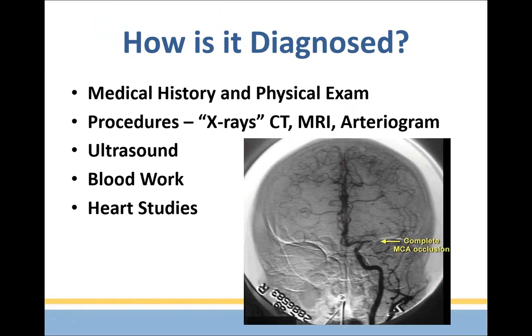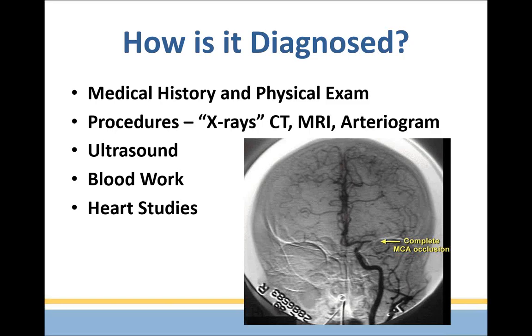So a stroke is diagnosed by the physician obtaining a medical history, doing a physical exam, and of course procedures, which are primarily x-rays or radiographs, blood work, and very many times heart studies. A CT is almost always done first, although that's not the picture I have on this slide.